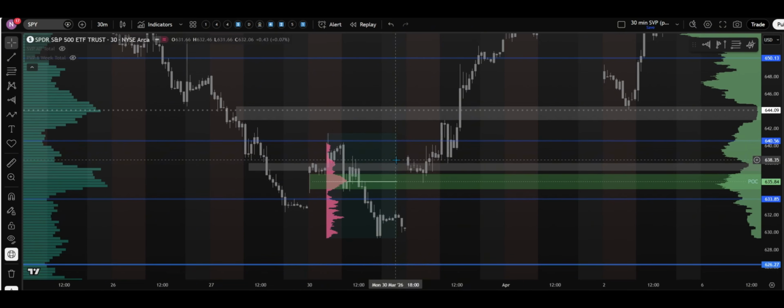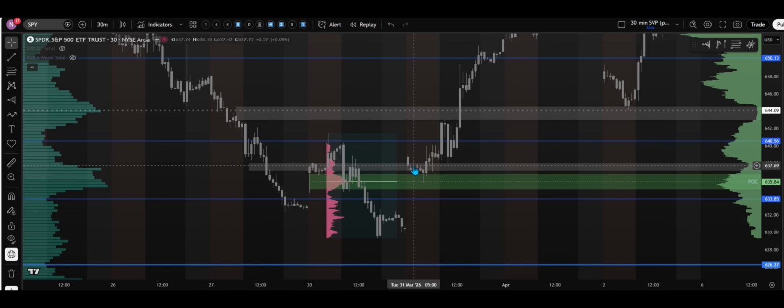So think about it from a psychology perspective. If you have tons of shorts that are really concentrated in their positions right here, and then the next day it opens above that, comes down, and you see wicks off of that, right? Buyers are coming in off of that, or shorts are closing their position. They're trying to close at break even because at this open right here, they're underwater.